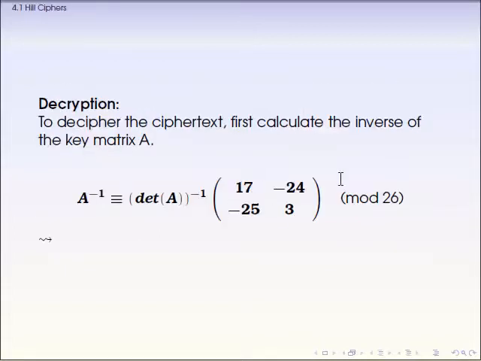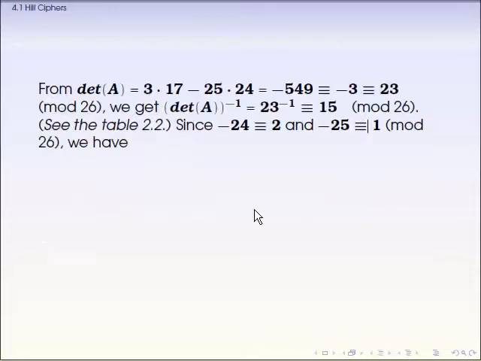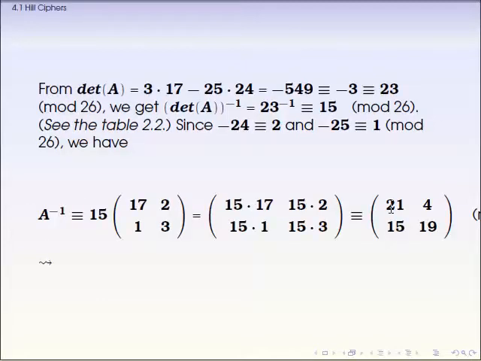You could use this one for calculation, of course, but you need to get the remainder, whatever numbers you got. And sometimes it's much better to change these kinds of numbers, right? Simple enough. Anyway, these are the residues for each of these entries modulo 26 for the inverse of matrix A.